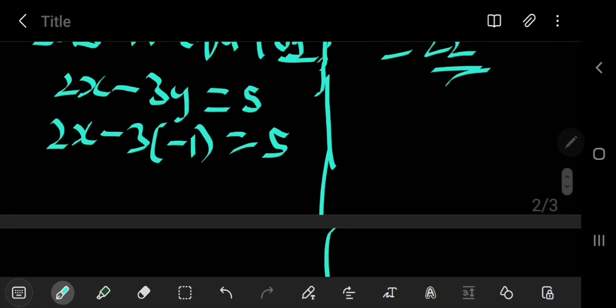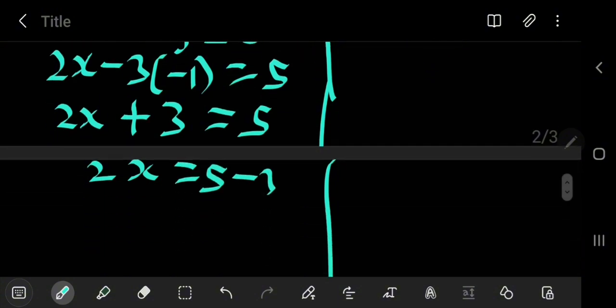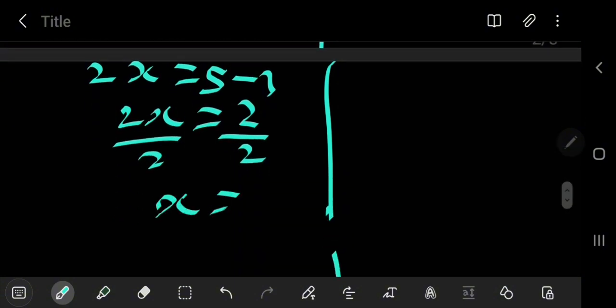Now open your bracket, you have 2x plus 3 equals 5, and finally we take our 3 to the other side, and we have 2x equals 2. Divide both sides by 2 and your answer is equal to 1.